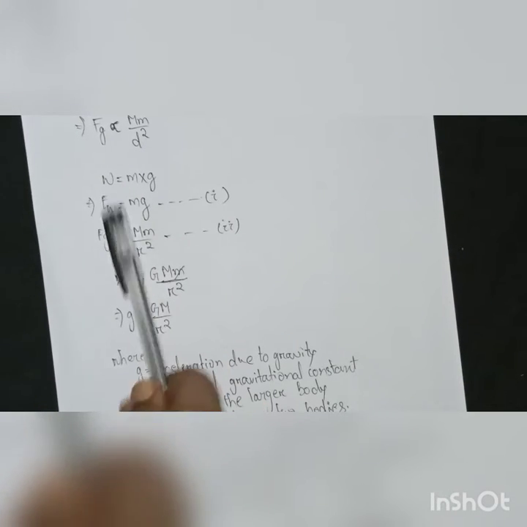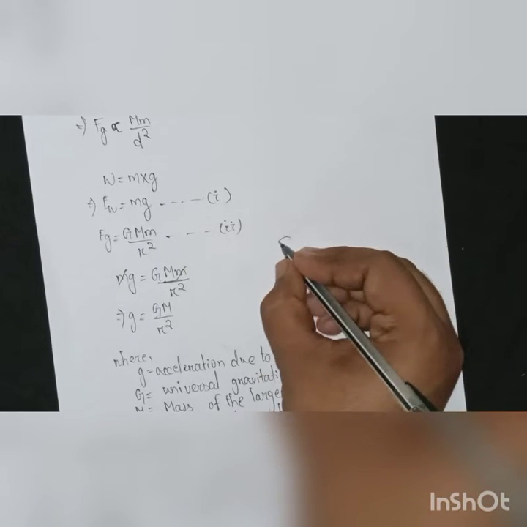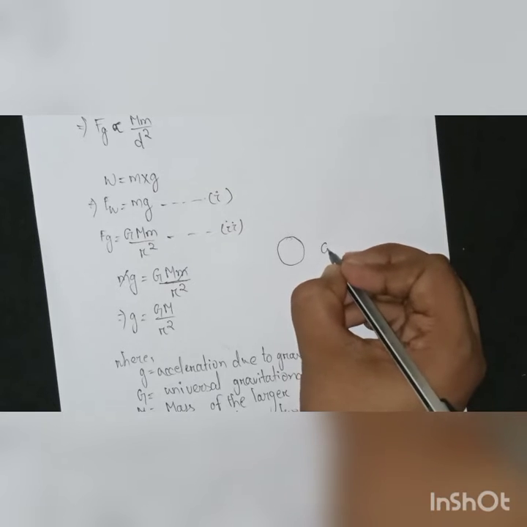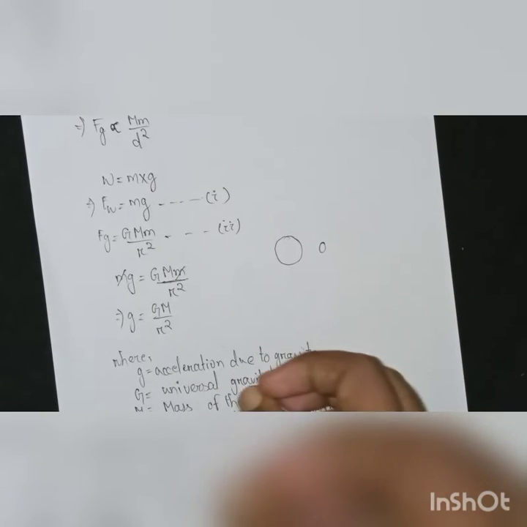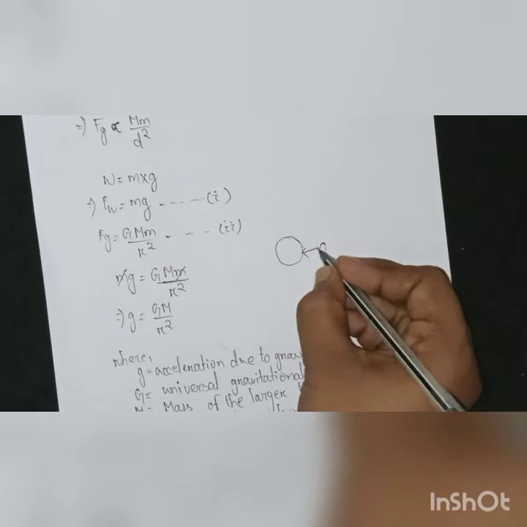So you're gonna question why we're taking both of the forces as the same thing. So let me explain. Suppose this is the larger body, this is the smaller body. If we're taking from the surface, it's pulling this way.